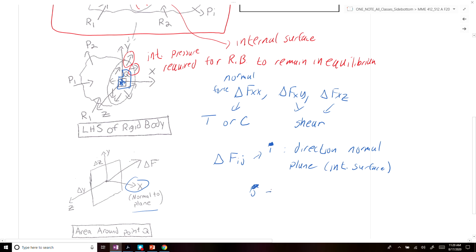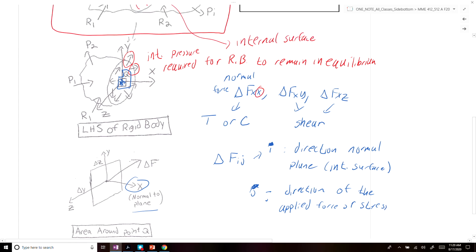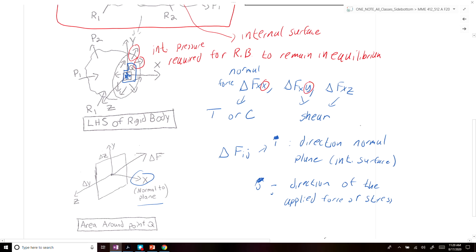The second index is the direction of the applied force or stress. So for Fxx, the direction of the force is along the x-axis. For delta Fxy, it's along the y-axis, and for Fxz, it's along the z-axis.